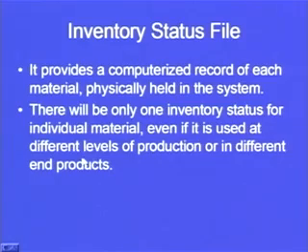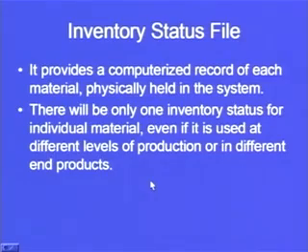There will only be one inventory status for an individual material, even if it is used at different levels of production or in different end products. So there would be one inventory status. That is very clear. Once again I will go through this point. Now suppose the individual material is X, so there will be one inventory status for that, even if it is used at different levels of production or in different end products.